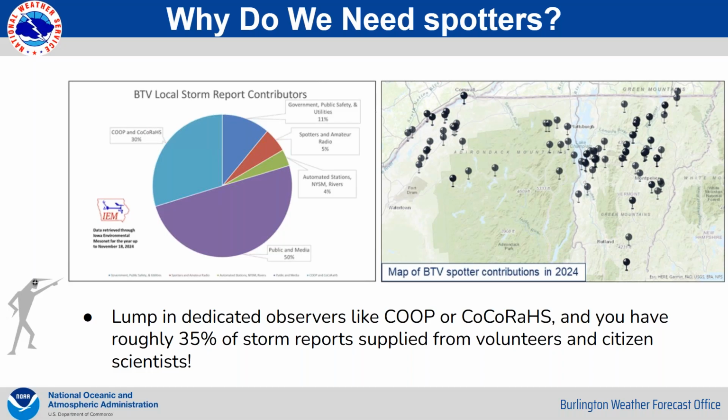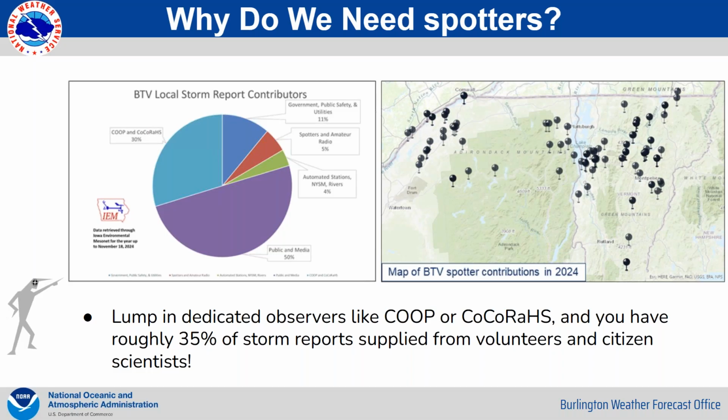And last year, if we lump all of our citizen scientists and volunteers, such as co-op observers, CoCoRaHS observers and spotters, that makes up 35% of the storm reports that we issued last year. So over a third of the weather reports and information come from citizen scientists like you.